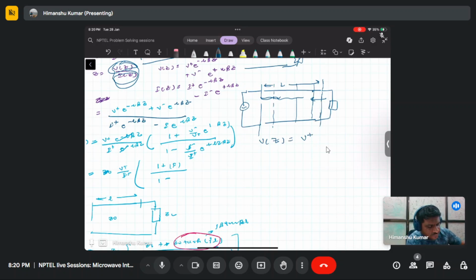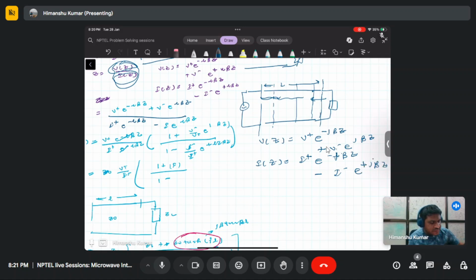So V of Z equals V plus, the voltage coefficient in the forward propagation direction, times exponential of minus j beta Z, plus the reflected wave, which is V minus times exponential of plus j beta Z. Similarly, you can write the equation for current: I of Z equals I plus, the forward propagation constant, times exponential of minus j beta Z, minus I minus times exponential of plus j beta Z. The negative sign comes from solving these.